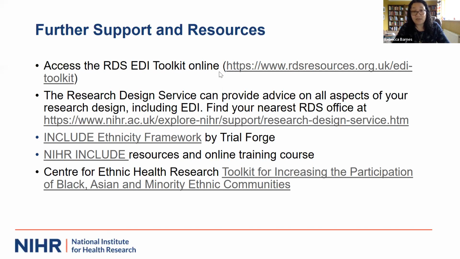And then there's the Centre for Ethnic Health Research's Toolkit for increasing the participation of Black, Asian and minority ethnic communities, which is a really comprehensive resource. And the Centre for Ethnic Health Research also offer cultural competence training and community engagement training, as well as support with interpretation and translation and public involvement in research. So do have a look at what they offer.